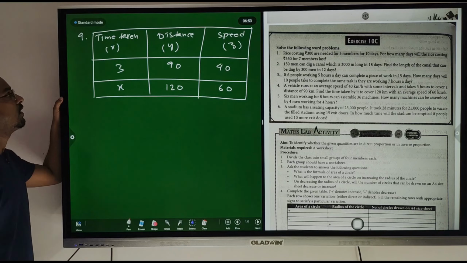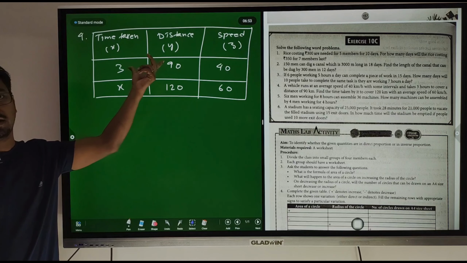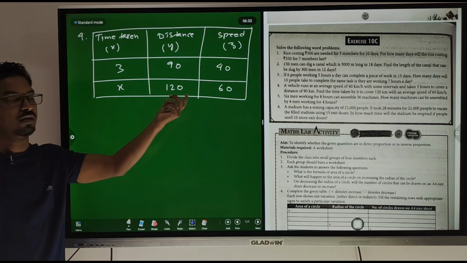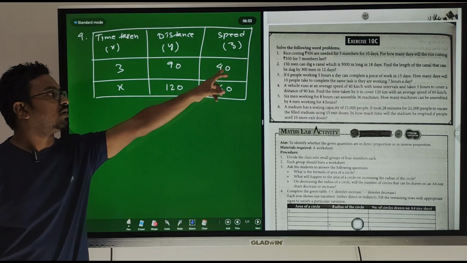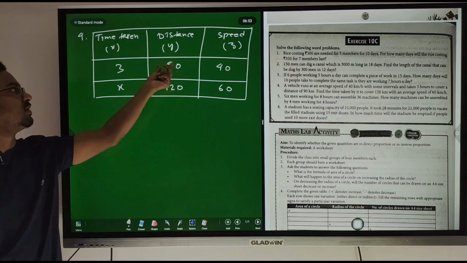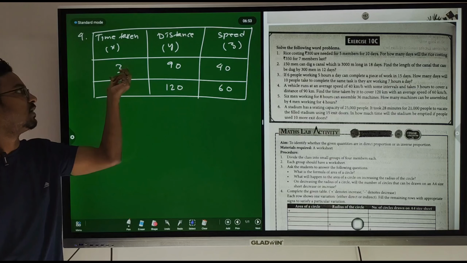So now you see here, time and distance, these are directly proportional. The more distance, the more time it will take, if you go at a constant speed of 40 km per hour, right? So more distance, more time, less distance, less time.